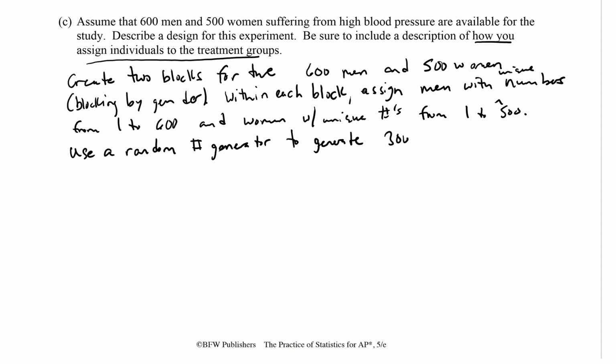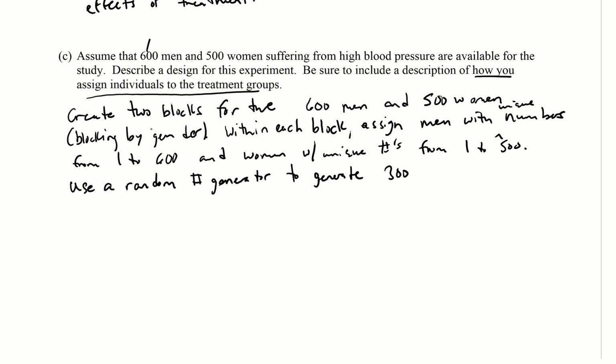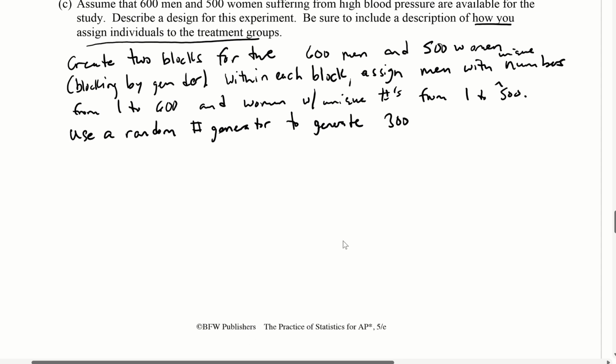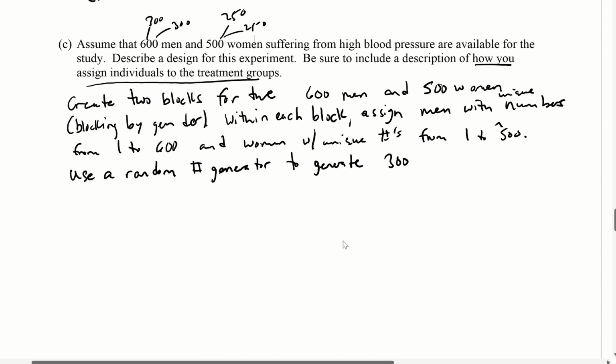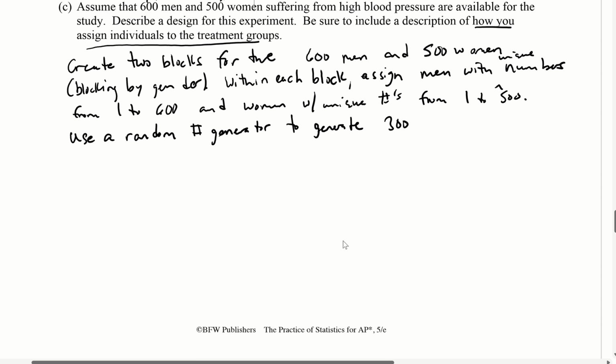to generate 300. We want to split the men into 300 and 300, right? For treatment A, treatment B. And then for the women, 250, 250, right? Since we are blocking here, and we're assigning them into 2 treatment groups.